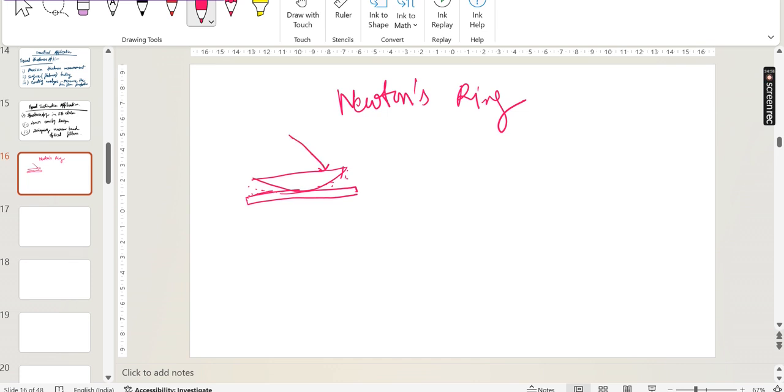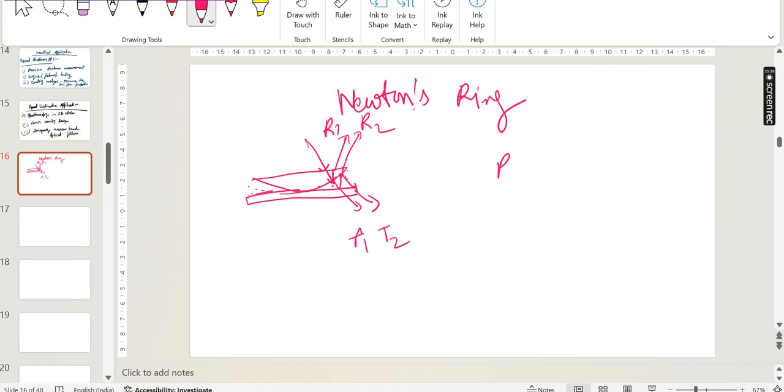We are considering this film. The light goes directly here, then one part gets reflected and one gets refracted. That part also gets some part refracted and reflected, and that's how you get reflected light and refracted light both. So this is R1, this is R2, this is T1, that's transmitted, and then T2.